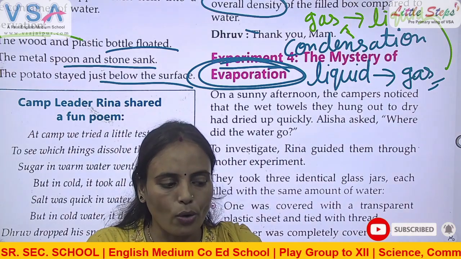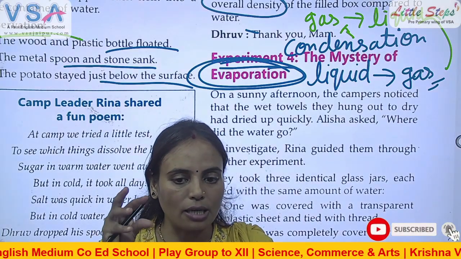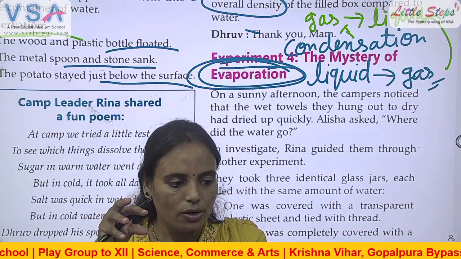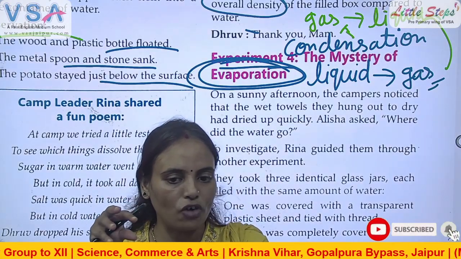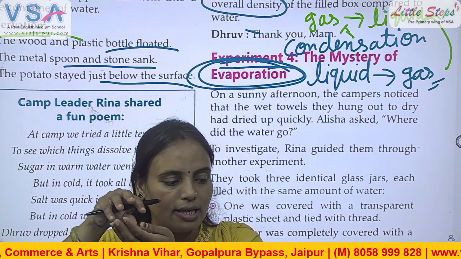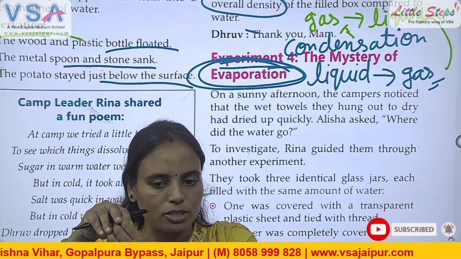Okay, what do you observe? You see there are some water drops on the lid. So where does this water come from? When the vapors go up, they cool down here, because they have no space to go out.